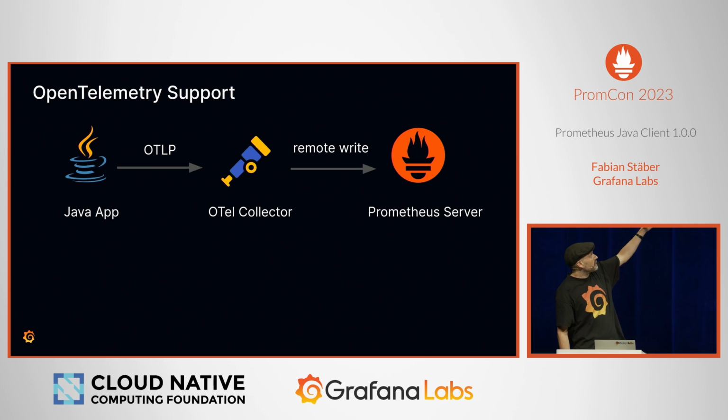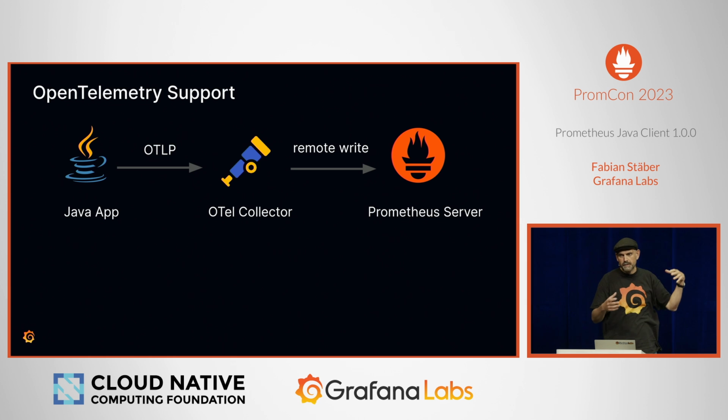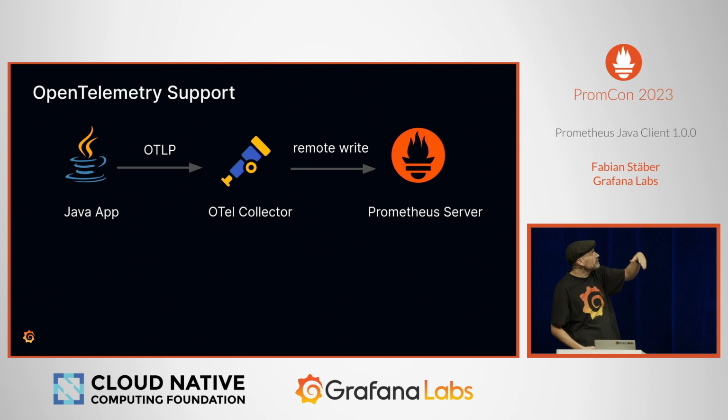Typically, the endpoint would be an OpenTelemetry Collector. If you are new to OpenTelemetry, the Collector is an open source project by the OpenTelemetry community, typically used to receive OpenTelemetry data and do something with it. For example, write it to a Prometheus server, which wouldn't really make sense in that case, but anyway.